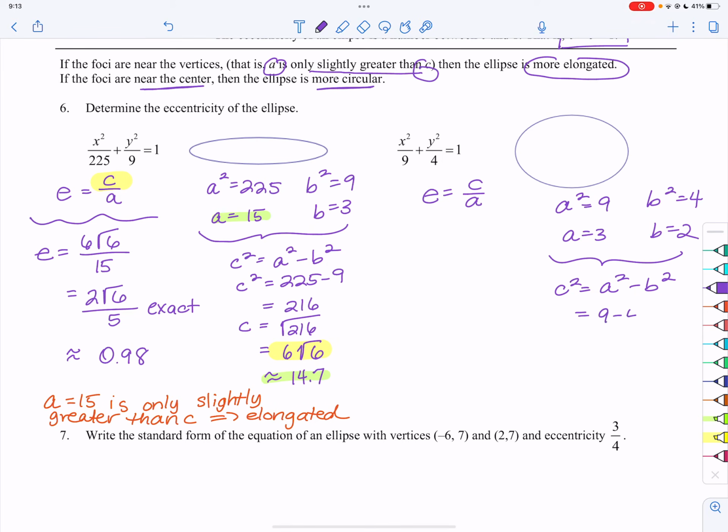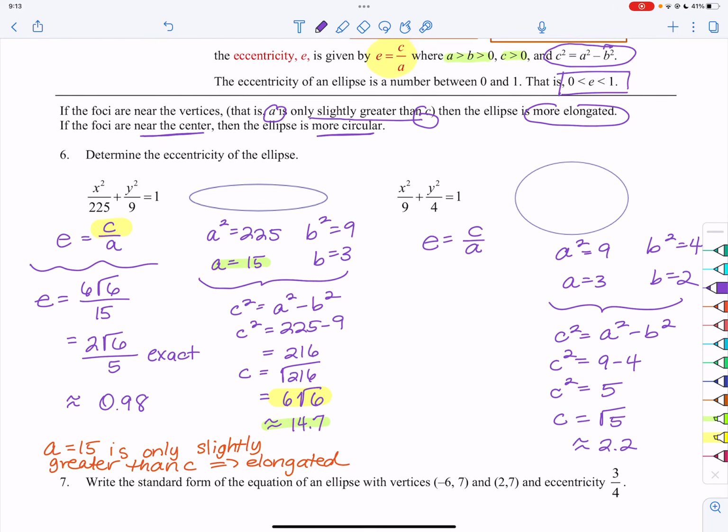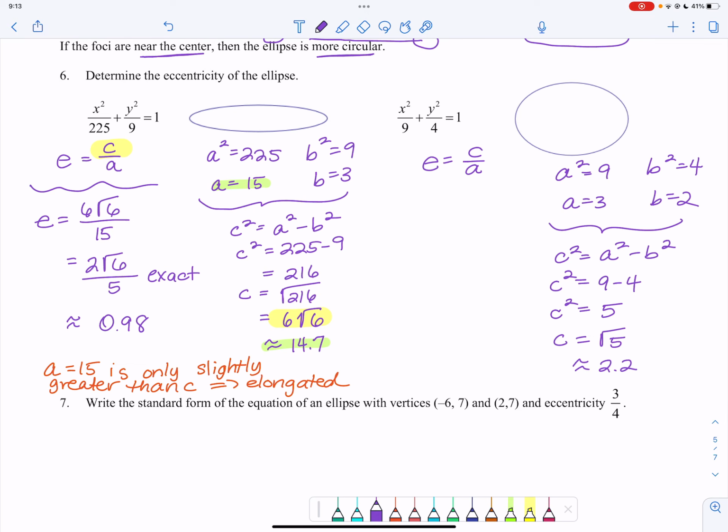So that's 9 minus 4. And so c is equal to root 5. And of course, the square root of 5 is about 2.2. We'll use that for comparison in just a minute.